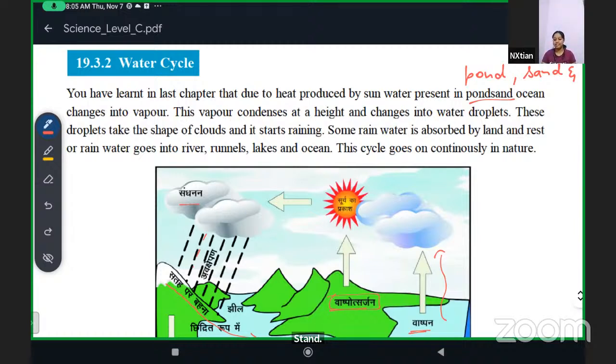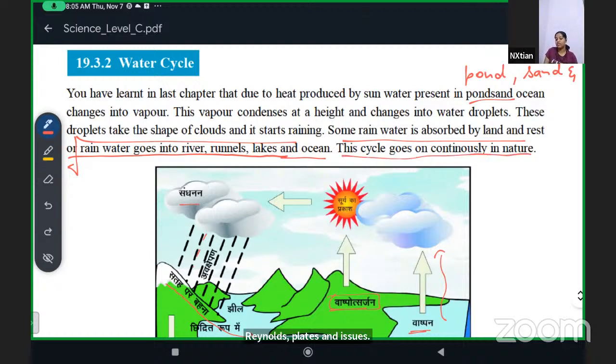This vapor condenses at a height and changes into water droplets. These droplets take the shape of clouds and it starts raining. Some rainwater is absorbed by the land and the rest goes into rivers, runnels, lakes and oceans.